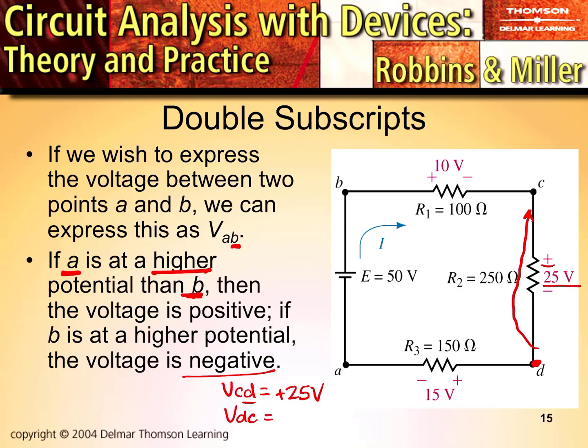VDC would be the opposite. We would start at point C, work our way to point D, and see that we have 25 volts of magnitude, but point D is negative of point C, so that would make this minus.